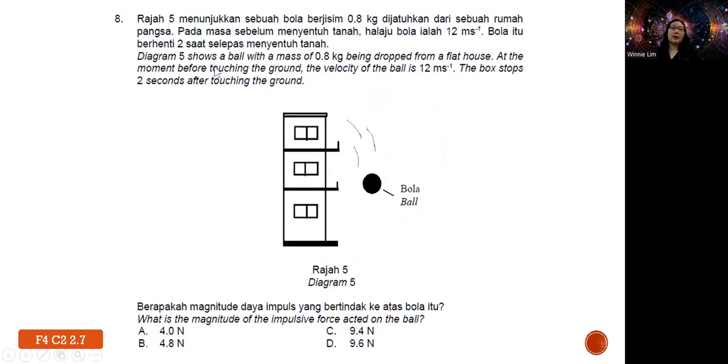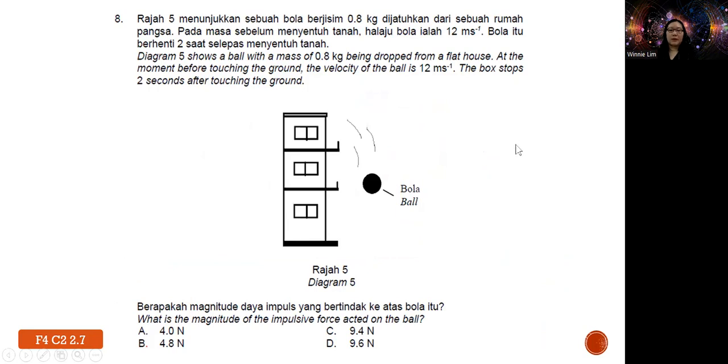Number 8. Diagram 5 shows a ball with mass of 0.8 kg being dropped from a flat house. At the moment before touching the ground, the velocity of the ball is 12 meters per second. And then the ball stops 2 seconds after touching the ground.